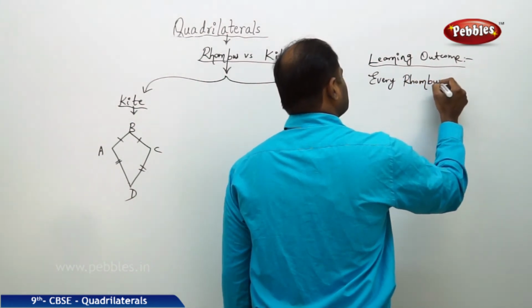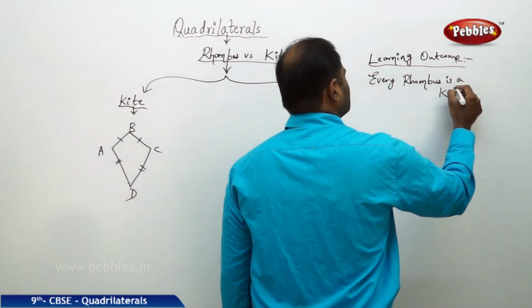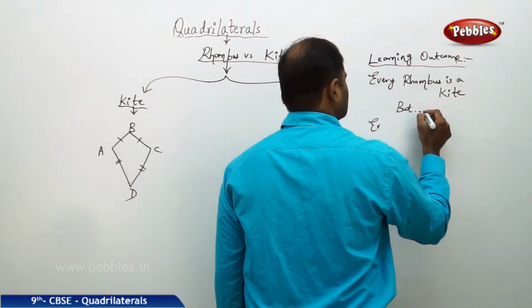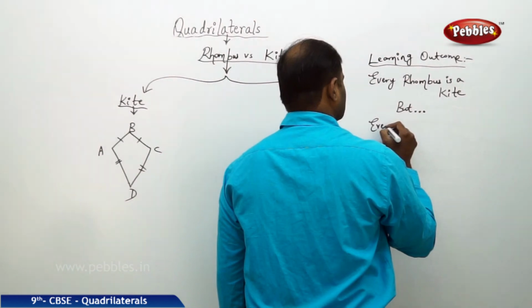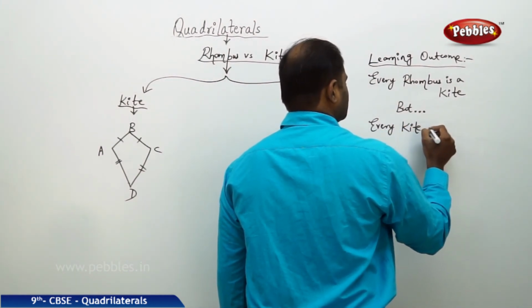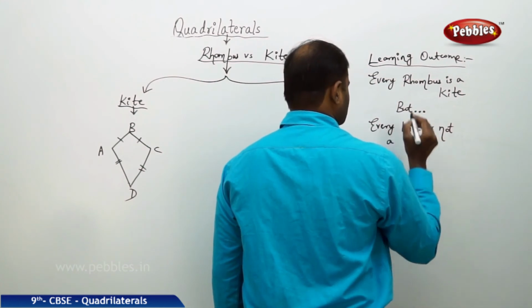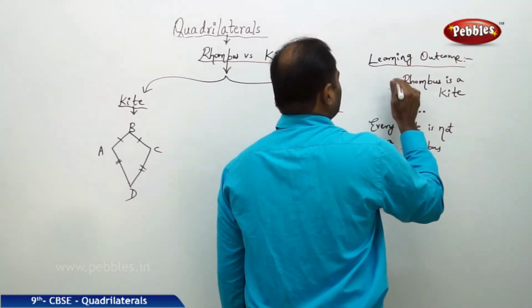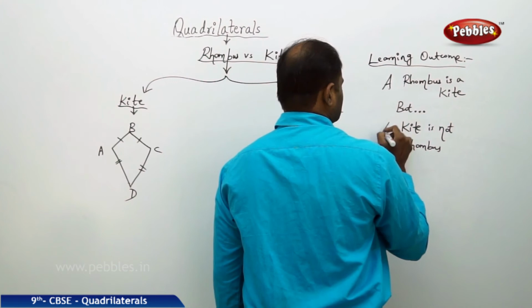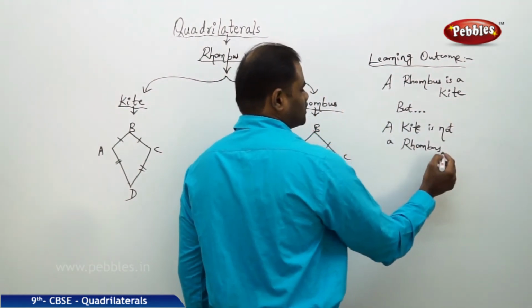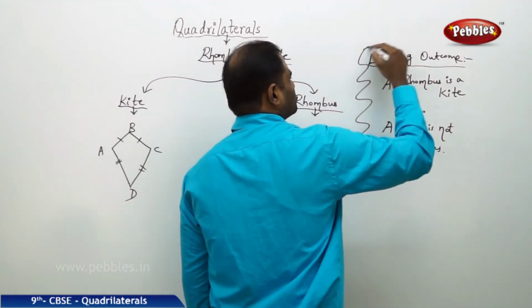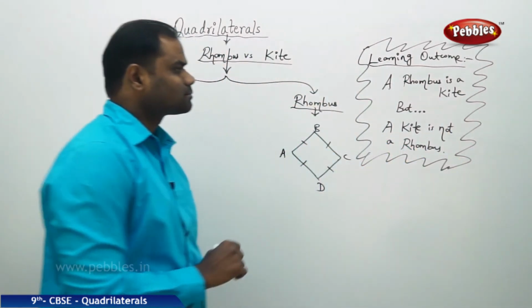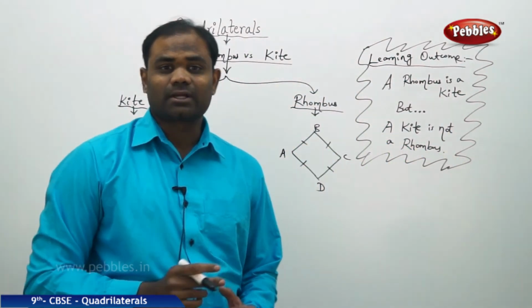So my learning outcome comes out to be: every rhombus is a kite, but every kite is not a rhombus. Or I can say a rhombus is a kite, but a kite is not a rhombus, is how I understand the relation between rhombus and kite.